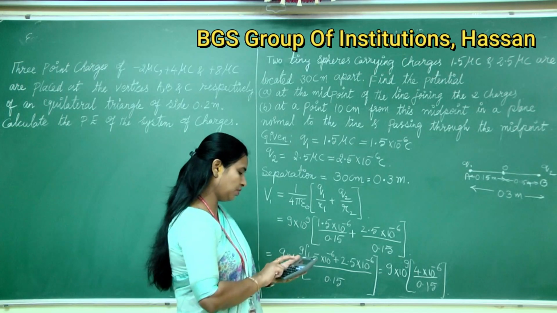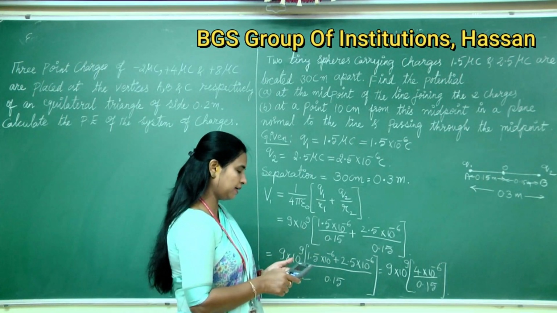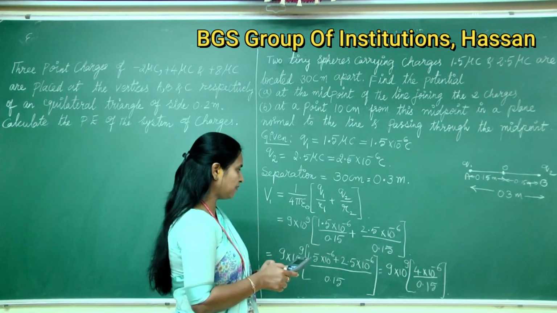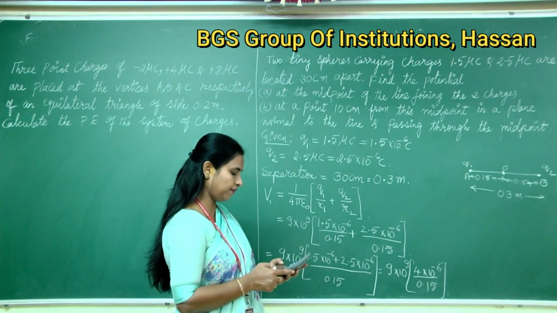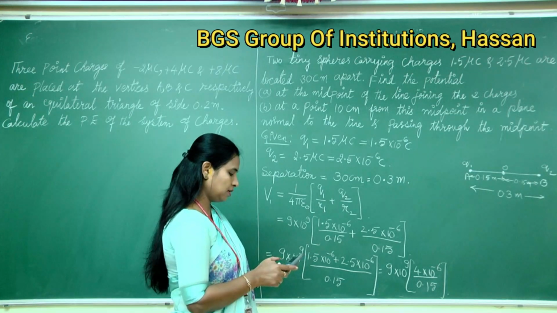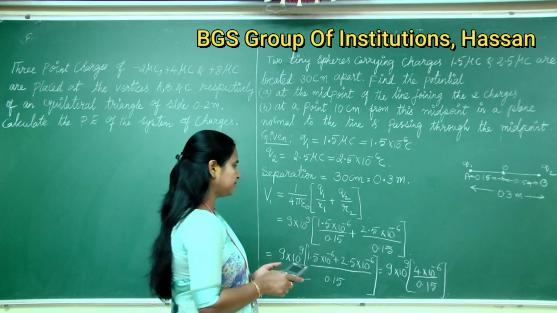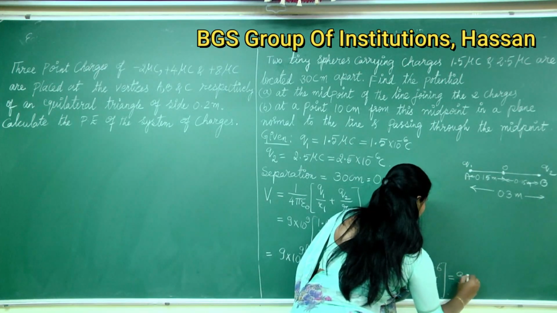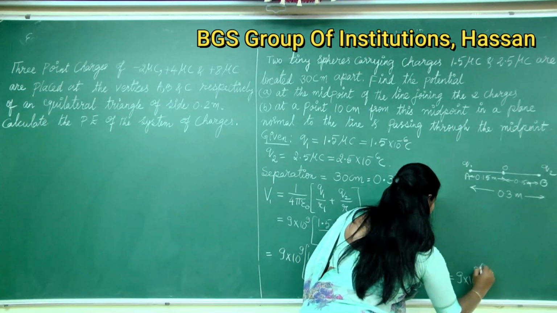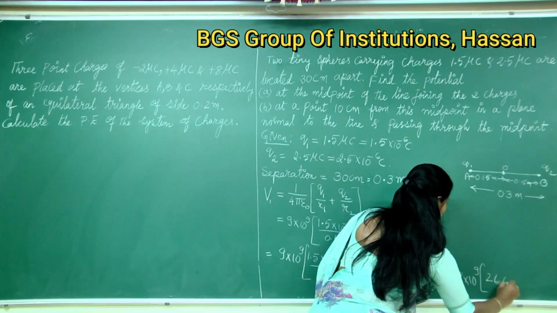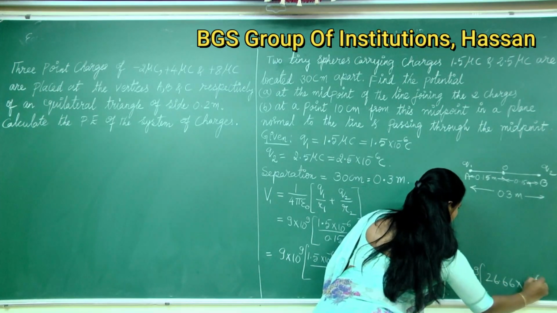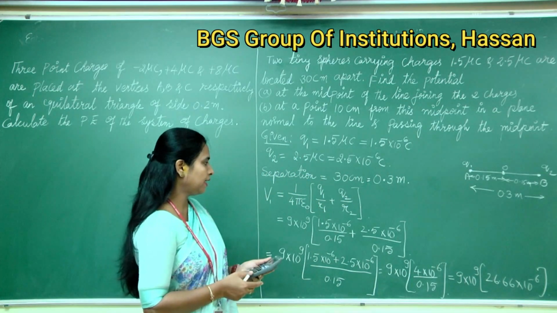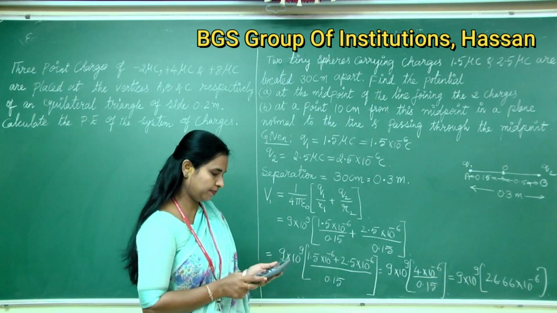We get 4 divided by 0.15. We got 26.66. And multiply 26.66 into 9.